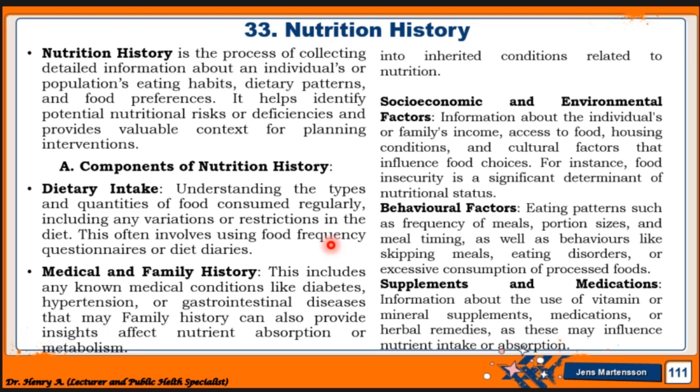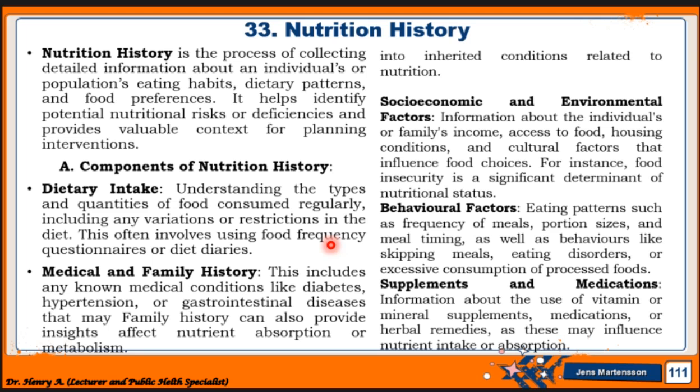It's all about what is the history, the trace in the family that can help you to pinpoint nutrient absorption issues or metabolism in an individual, as well as other inherited conditions that could be related to nutrition.